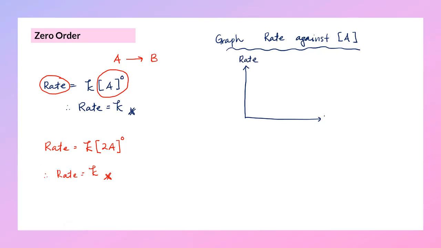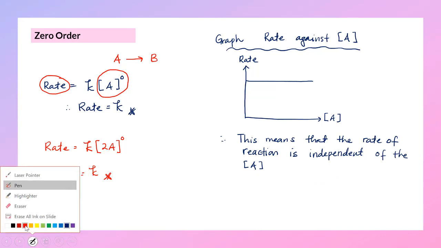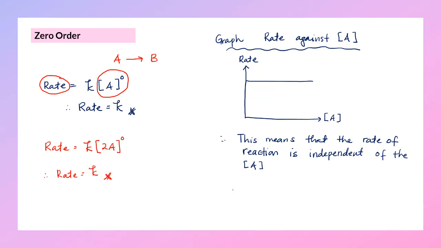Rate against concentration of the reactant A. The rate remains constant, and it doesn't matter how much you increase the concentration of reactant A. Alright, you can say that the rate of reaction is independent of the concentration of A. And you must know that the unit of the rate constant for zero order is molar per second. Okay, so we will continue with the integrated rate law for zero order.